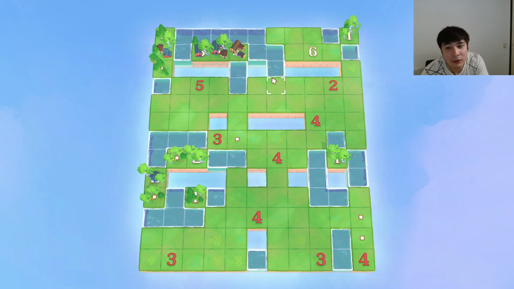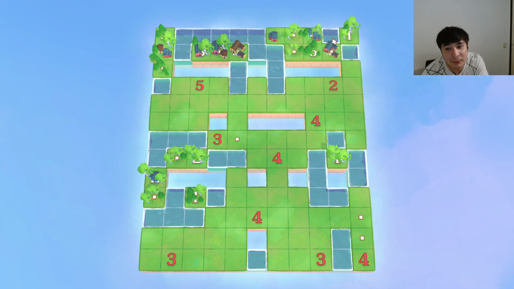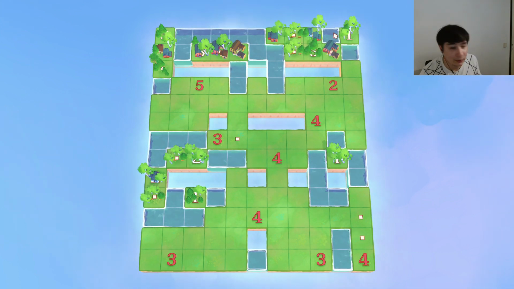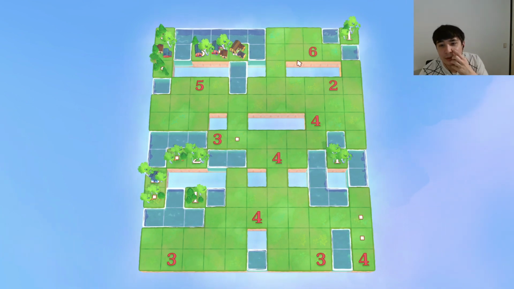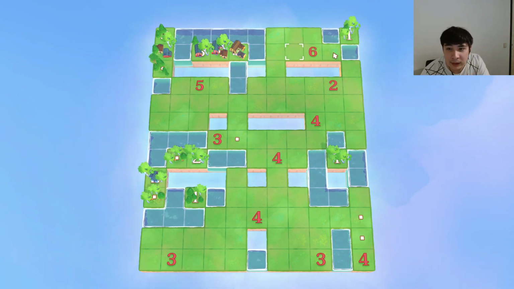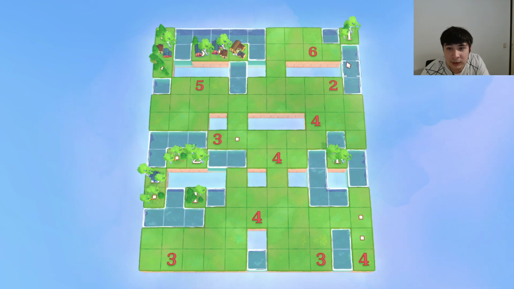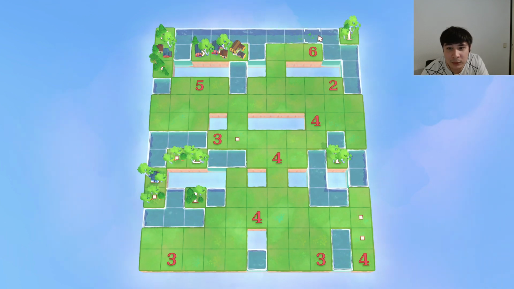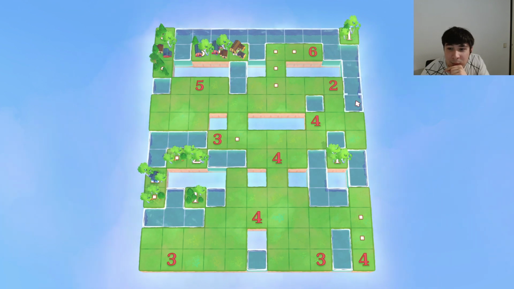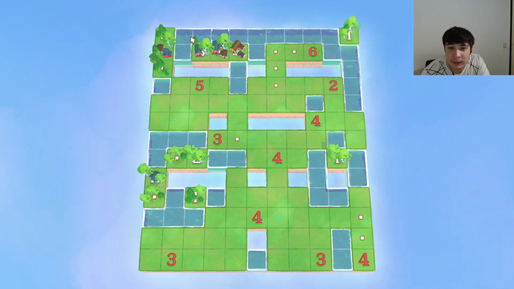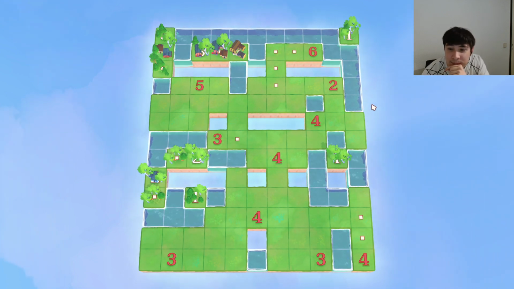And if it happens through this bridge, that fully encloses the 6 area here, but that is bad because this single tile of water is isolated. Oops. So we're going to have to make the bridge over here and connect this bit of water up above. So that gives us the water connection from these first 2 rows to the second group of rows.